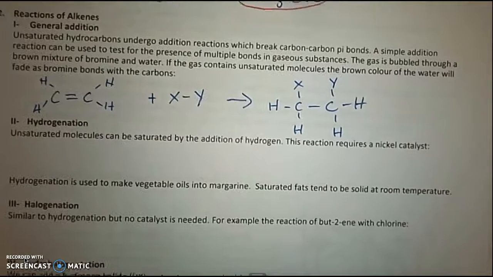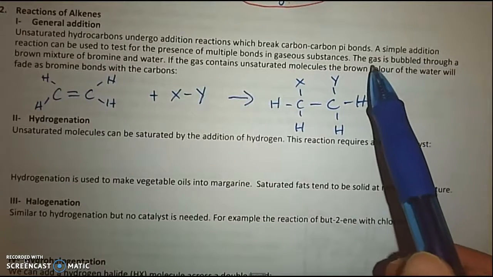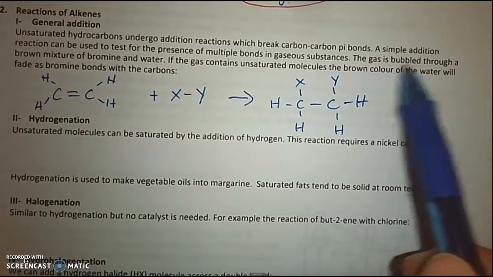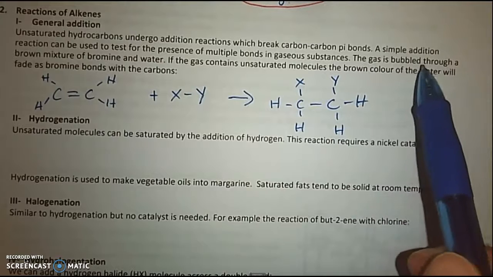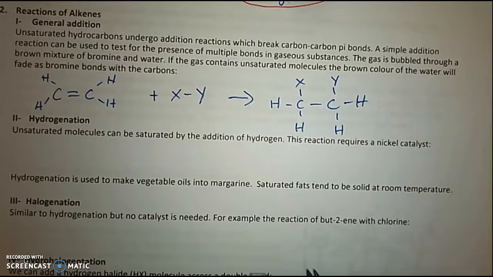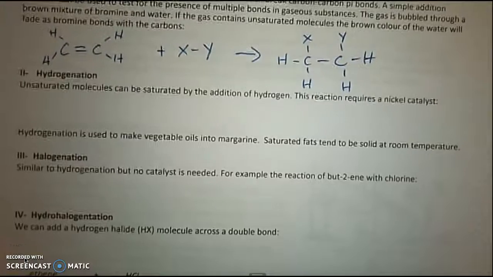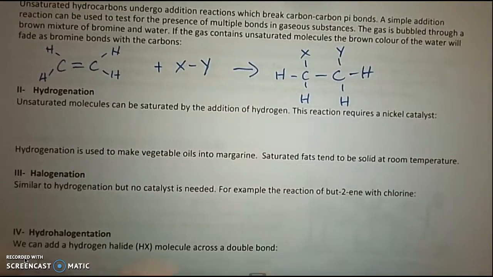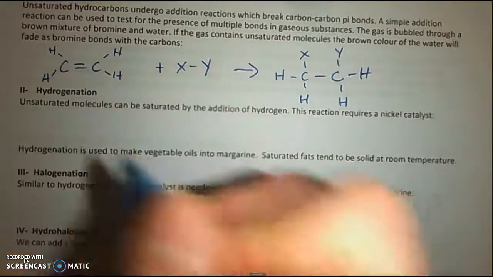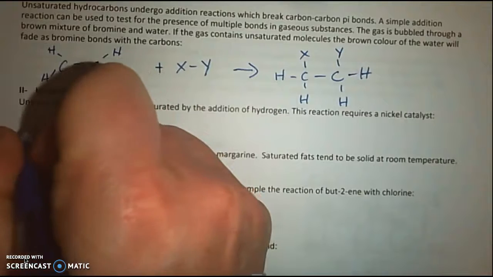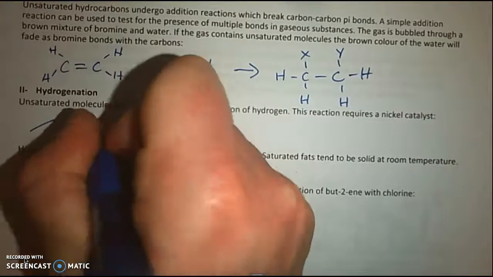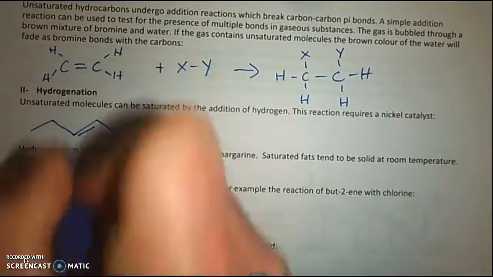Okay, now there's this example described here of a bromination reaction. So we'll look at that when we get down to halogenation, which is our second example. Okay, so first example of a specific type of addition reaction is hydrogenation. So here I have some alkene, so I've got a double bond on there.